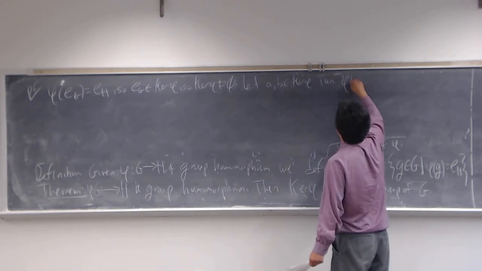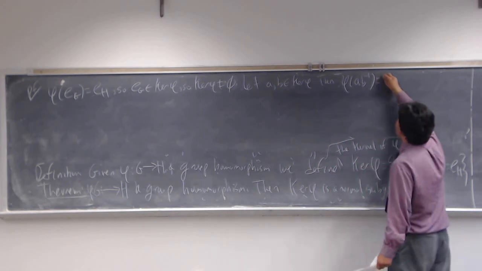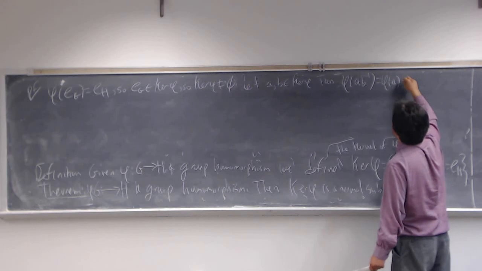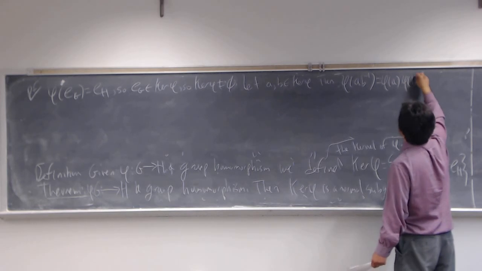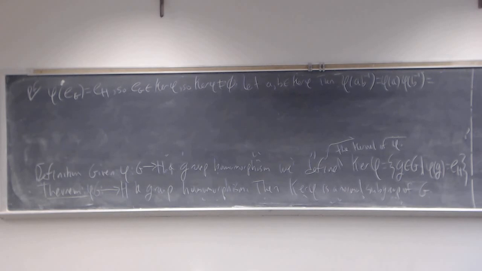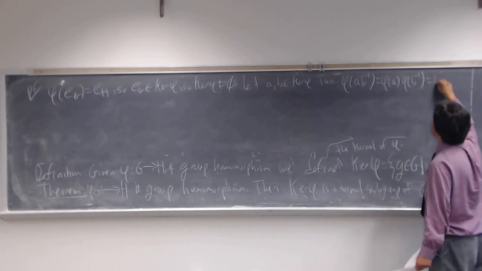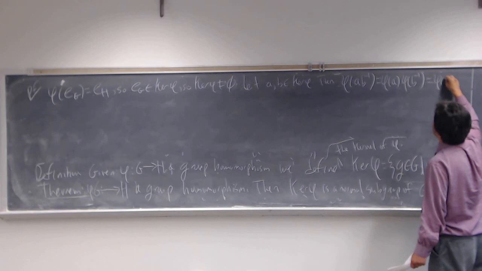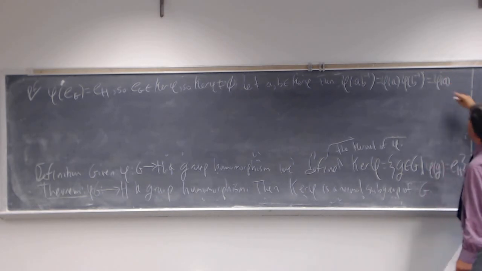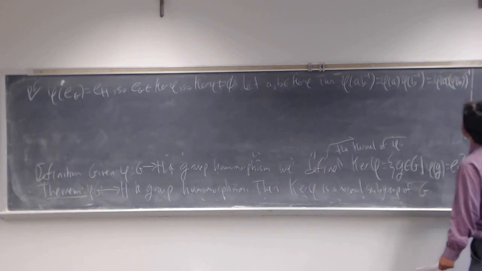Well, if I look at phi of a times b inverse, this is phi of a times phi of b inverse. That's a property of homomorphisms. But phi of a, we'll just leave it for the time being as phi of a, and phi of b inverse is the inverse of phi of b.